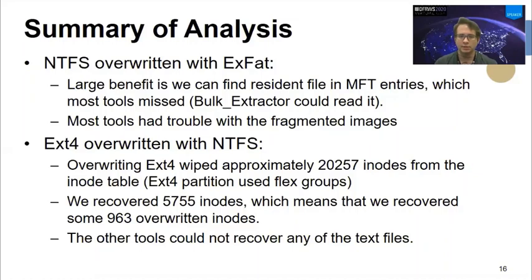This ext4 partition was using flex groups, so essentially all of the inodes were in the first block group, in a very large inode table. The majority of these inodes in the inode table were just overwritten. But recall, we recovered 5,755 inodes, which means that we recovered some 963 overwritten inodes, which we found to be a pretty interesting result.